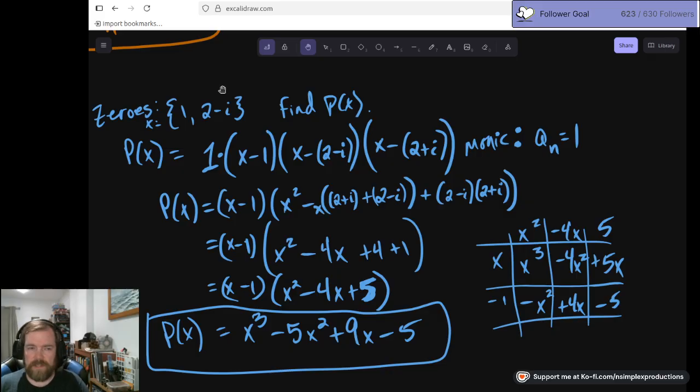That is the minimum degree polynomial for which we can find these two particular zeros. Then we got p of x equals x cubed minus 5x squared plus 9x minus 5, which is exactly what's in the book.